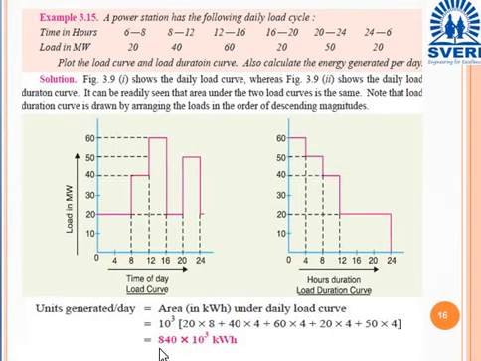If you refer to the load duration curve, the units generated per day will be the same: 60 multiplied by 4, 50 multiplied by 4, plus 40 multiplied by 4, plus 20 multiplied by 12. It gives the same magnitude, 840 into 10 raised to 3 kilowatt hour.